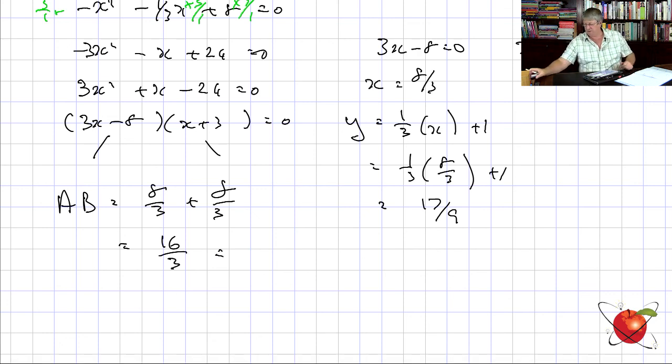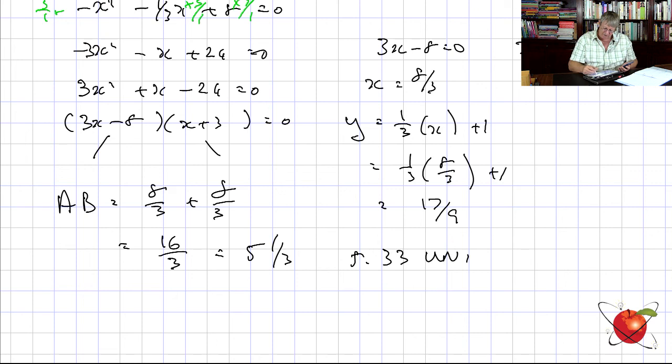And you just put that in your calculator, 16 divided by 3. So it comes out to be 5 1/3 or 5.33 units. They will ask you to how many decimal places, so please read the question.